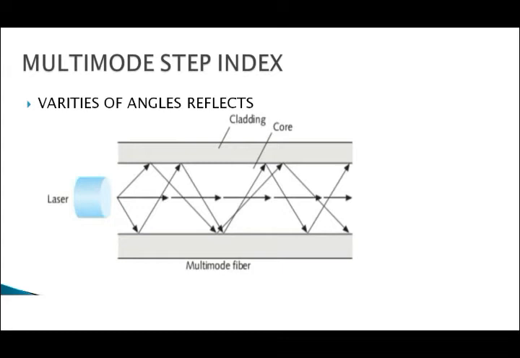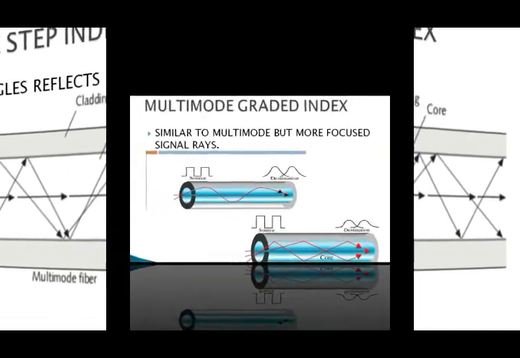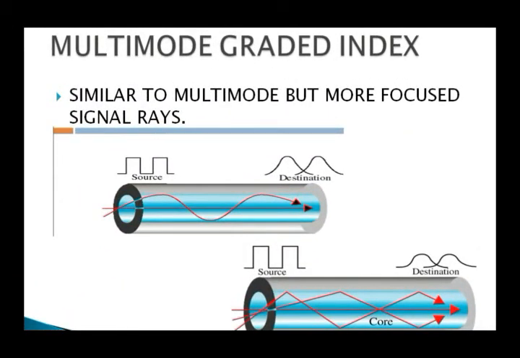This is called a multimode step index. Here at next we are having a multimode graded index. This is similar to multimode step index, but it has more focused signal rays, as you can see in the figure.